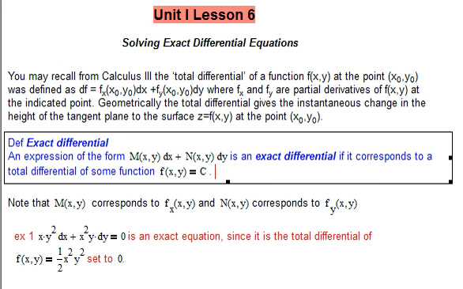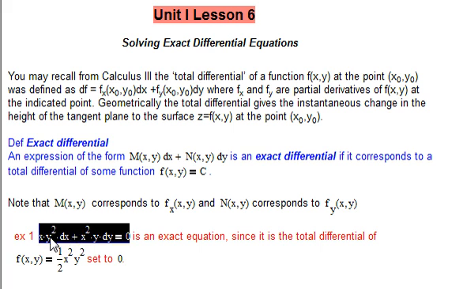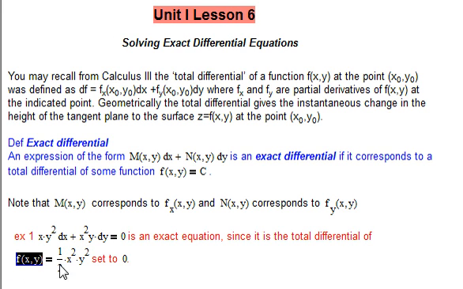Alright, so that's not so bad. So, here's an example of one of these. Look, x y squared dx plus x squared y dy is an exact equation since it's the total differential of f of xy equals 1/2 x squared y squared set to 0.